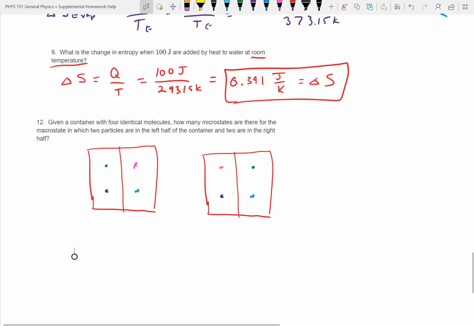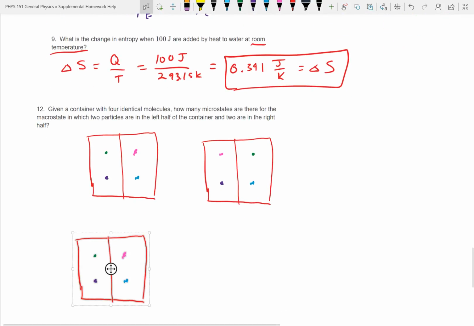Or I could exchange these two. There's a different microstate. And how many more do I have? 2 more. 2 more, right? So we can see, do you see, Brittany, 2 more? Okay, then we'll go on.